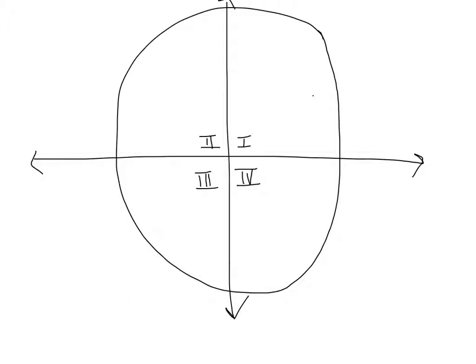And just remember, our initial side starts here. And if it's a positive angle, we go counterclockwise. So you would go in this direction. If it's a negative angle, we would go clockwise. So you go in this direction.